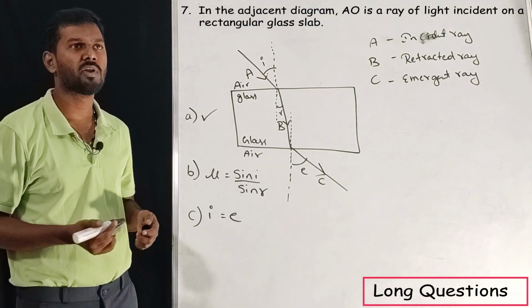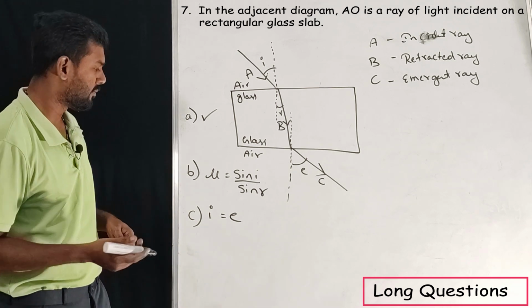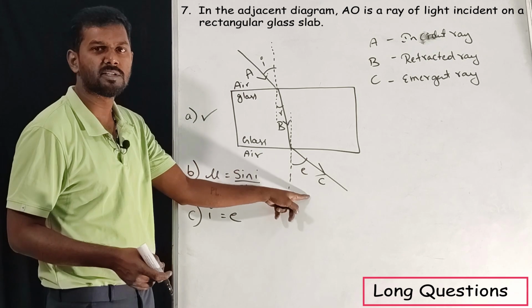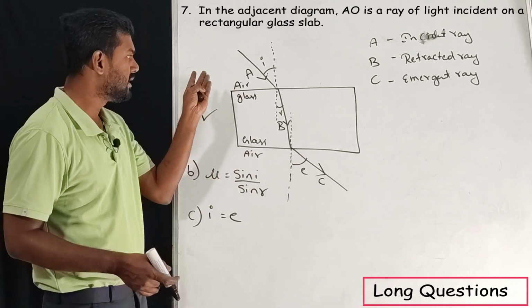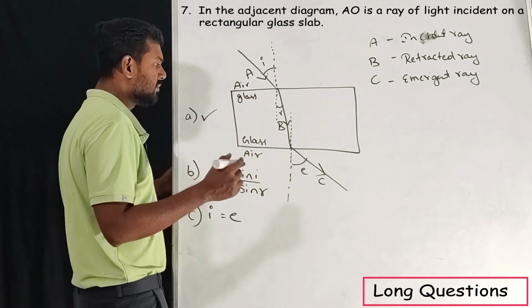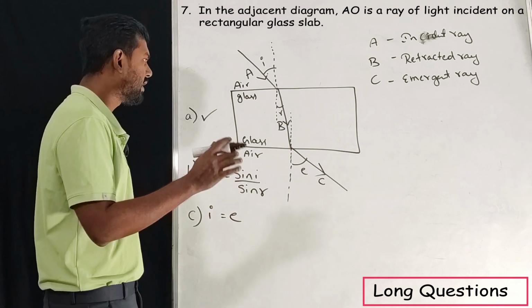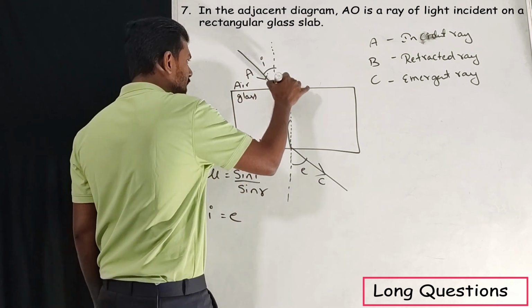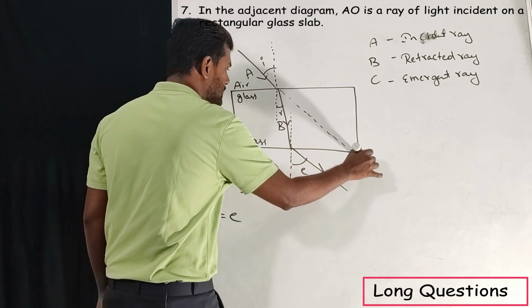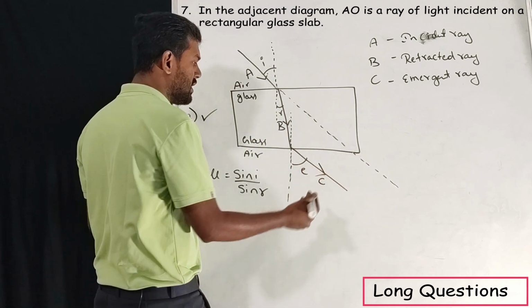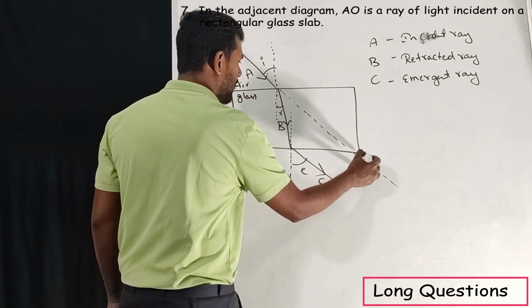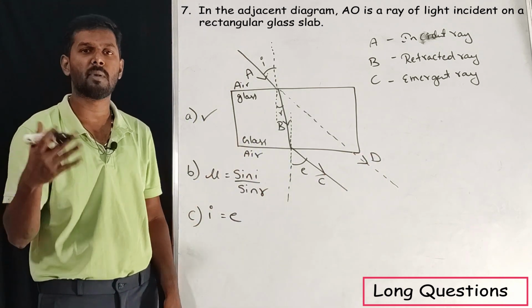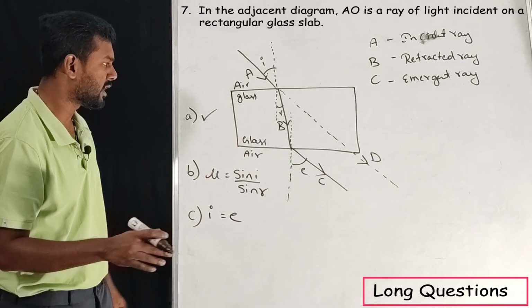Now they are asking which two rays are parallel. See, which two rays are parallel to each other, name them. Incident ray and the emergent ray are always parallel. Listen, how we can draw this one? Very easy. Assume there is no medium here, this incident ray would have traveled like this. So if this is C and this will be D, you can continue. You can give any name, A, B, C, D, M, N, O, P, X, Y, Z, anything you can give.